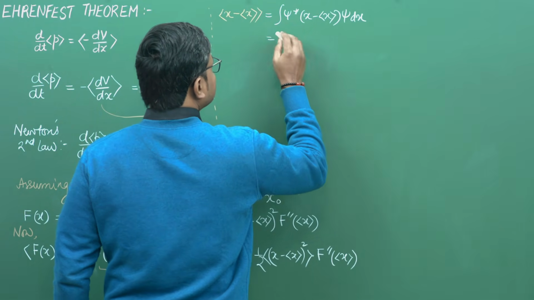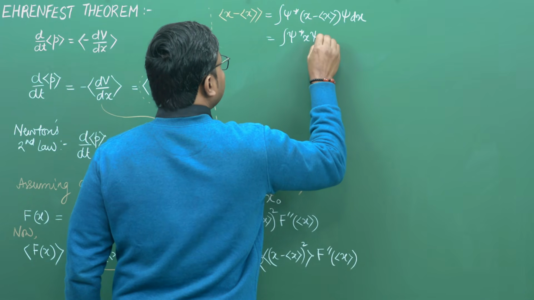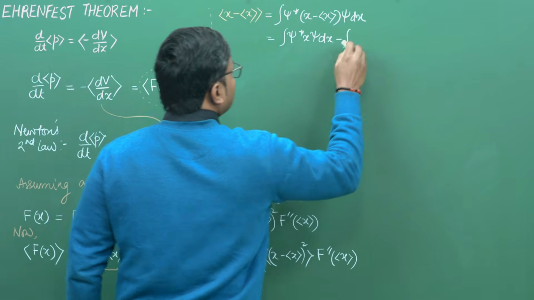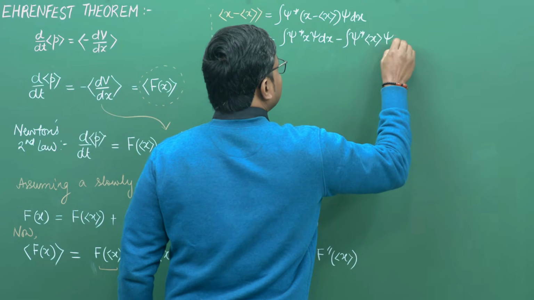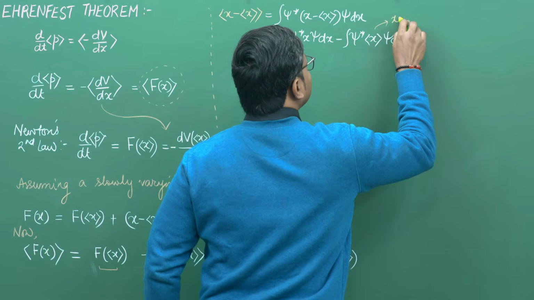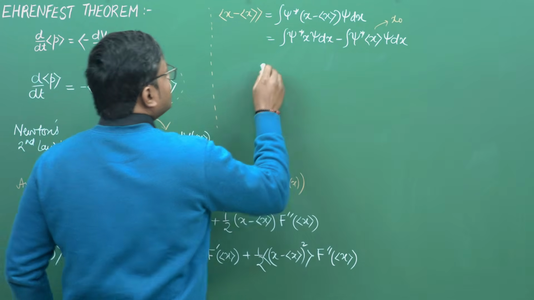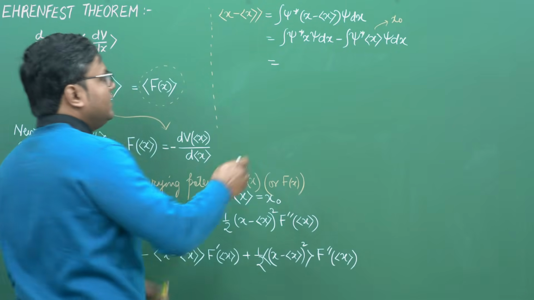What does this become? If I separate the terms, it is the integral of psi star x psi dx minus the integral of psi star x naught psi dx. Okay, so this is just x naught, right? This is just one location for a given system. And because this is just one position, it's a constant, I can take it out of the integration.